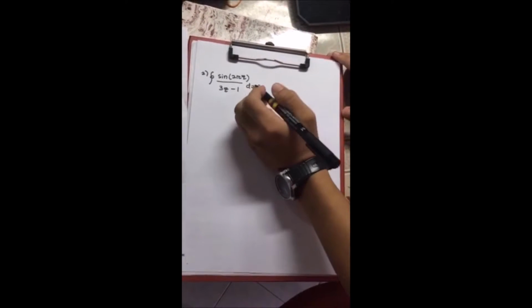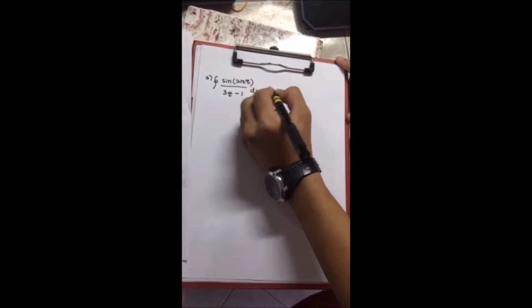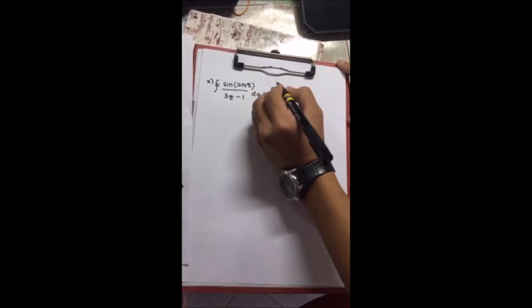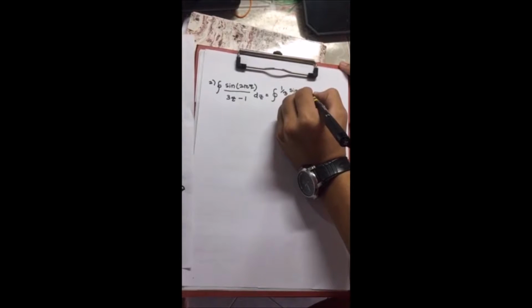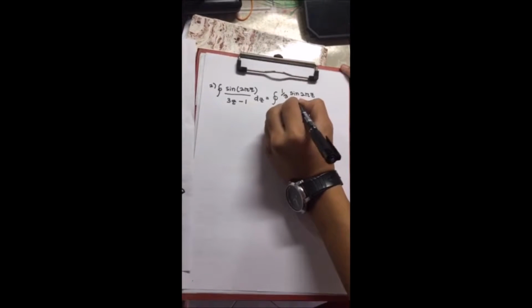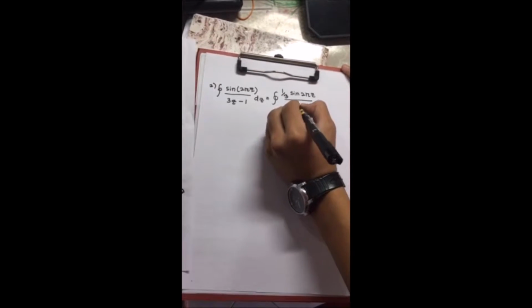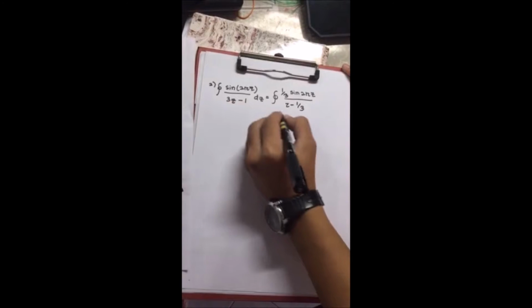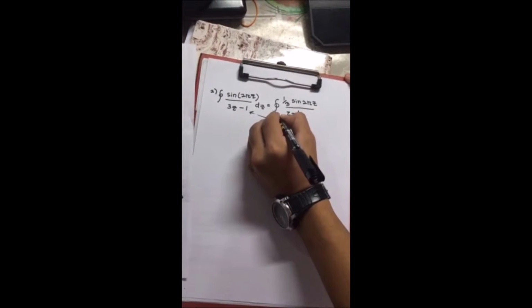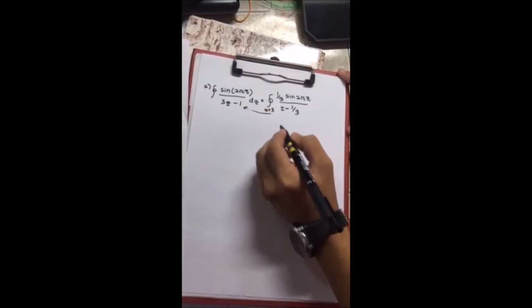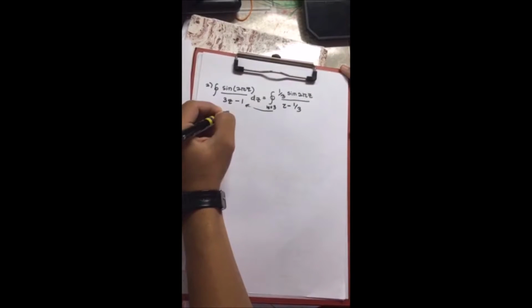Okay, the answer is, trying to convert, 1 over 3 times sin 2 pi z divided by (z minus 1/3). Okay, |z| is equal to 3.